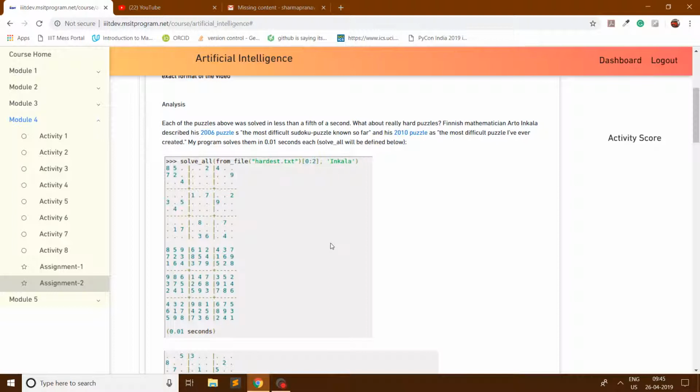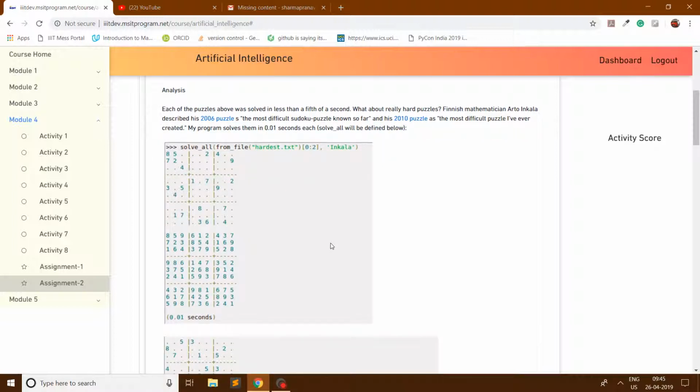Now in this example, we have some really hard Sudoku puzzles that were given by mathematicians. Finnish mathematician Arto Inkala described a puzzle from 2006 to be the hardest, and then in 2010 he created a puzzle that he claimed to be very difficult to solve.